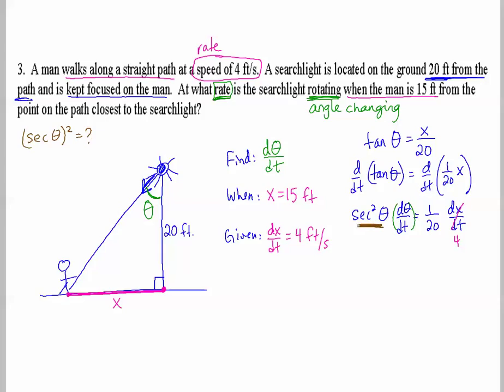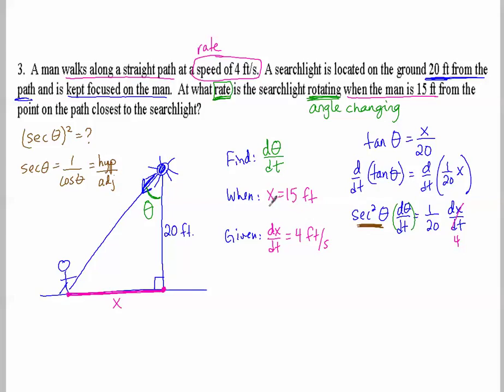Let's start by identifying what the secant of theta is. Secant of theta is 1 over the cosine of theta. And if cosine of theta is adjacent over hypotenuse, secant of theta is that reciprocal, so hypotenuse over adjacent. Well, in our picture, I don't have the sides labeled, but remember, after I take the derivative, I can plug in my when.